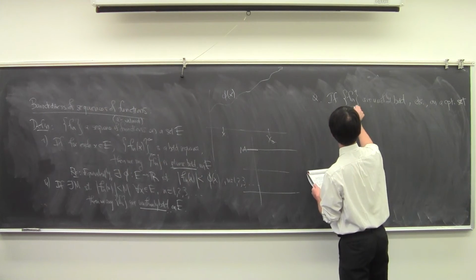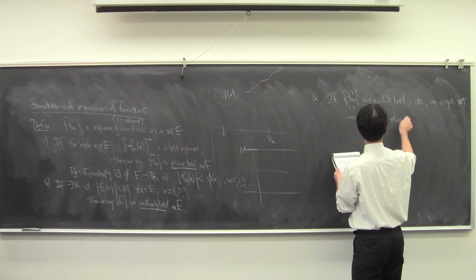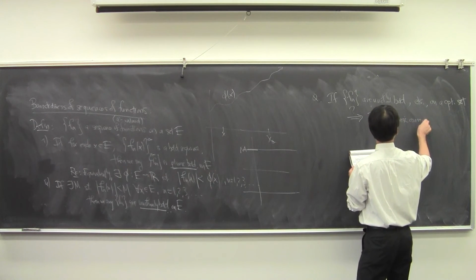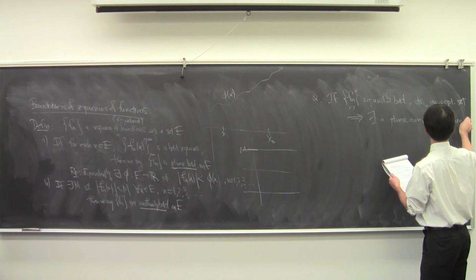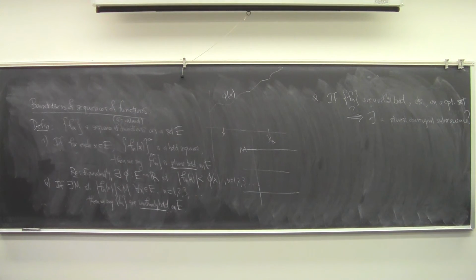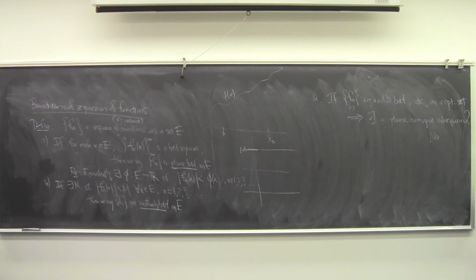Does that imply that there exists a pointwise convergent subsequence? And the answer is no. So even if you're continuous on a compact set and your functions are uniformly bounded, still you have no guarantee of even a pointwise convergent subsequence.